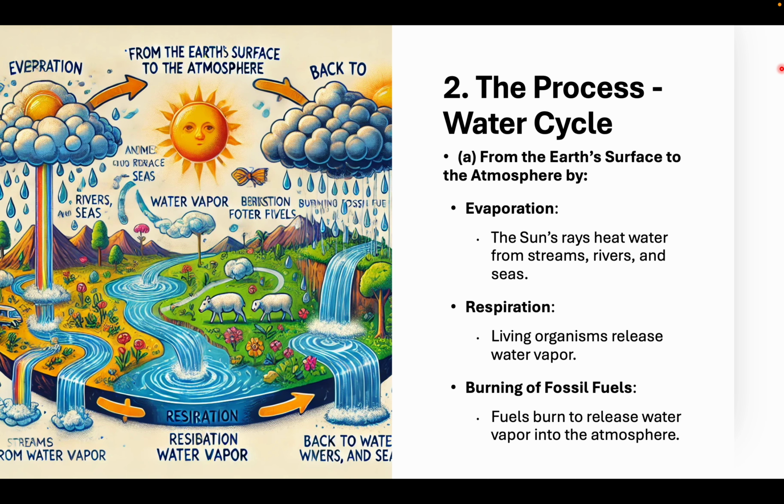That's the reason why when you go to a large tank or lake or riverbed, you can see a dip in water there. Respiration: living organisms release water vapor. Burning of fossil fuel also contributes water vapor into the air.